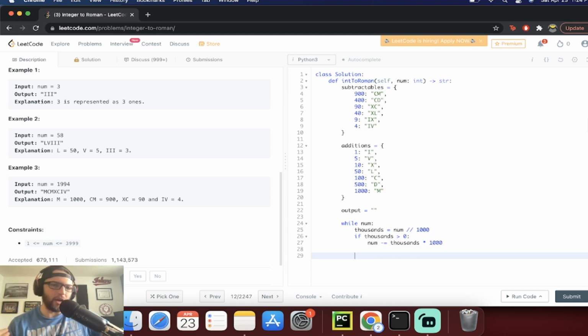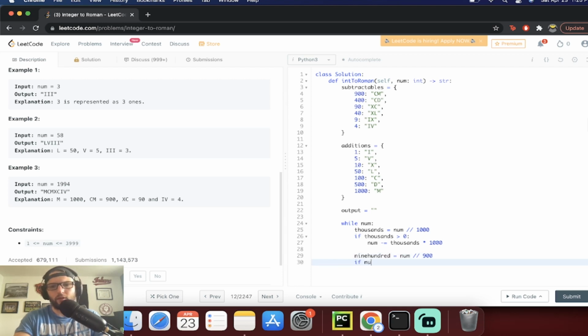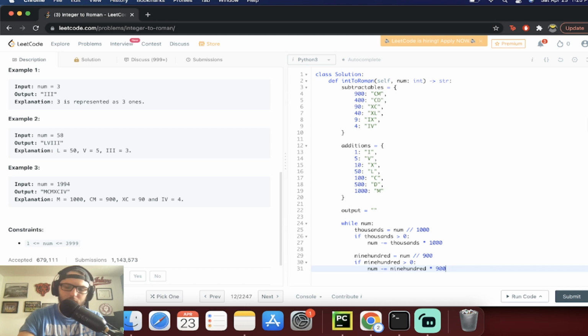I think now I do 900. 900 equals num divisible by 900. If 900 greater than 0, num minus equal 900 times 900. So on and so forth.